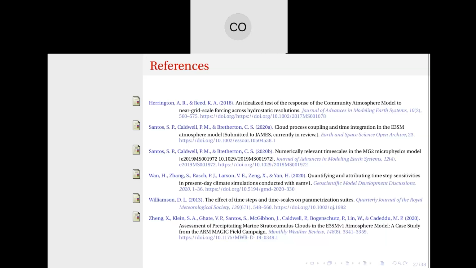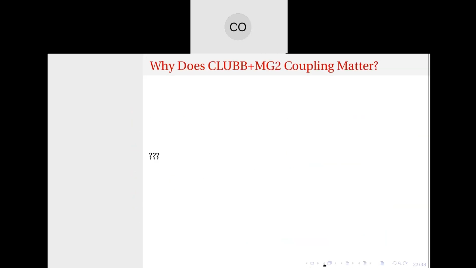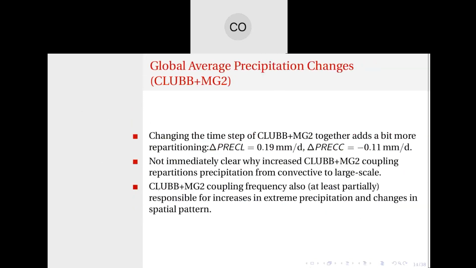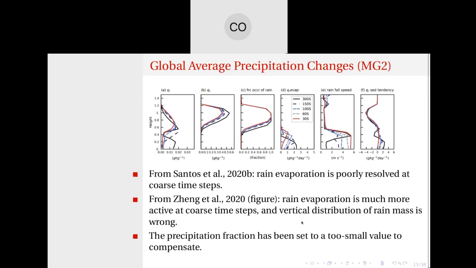But it might go a long way toward reducing this sort of pathological behavior if you include the evaporation of rain and sublimation and deposition of snow during the sedimentation. We've done that, and I've not looked at these time step dependencies. I don't even know if we have subgrid scale single cell storms, but at any rate, just an idea.